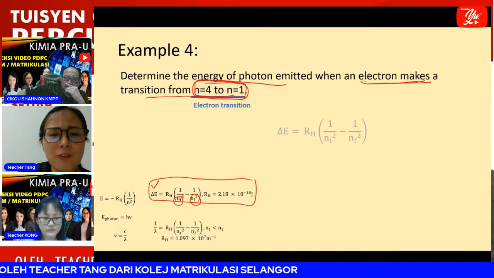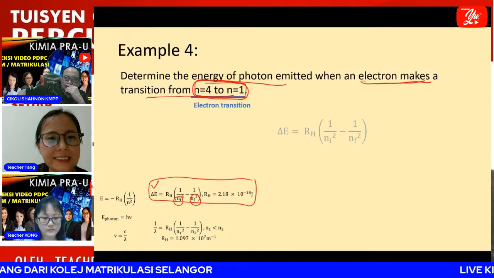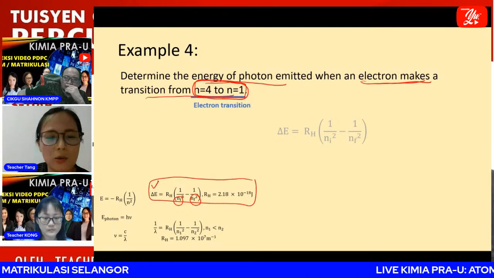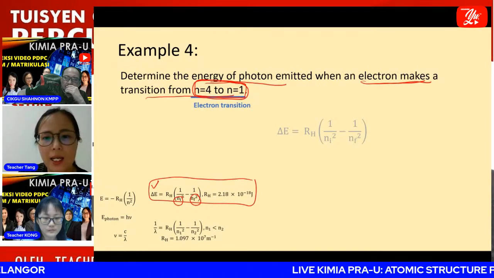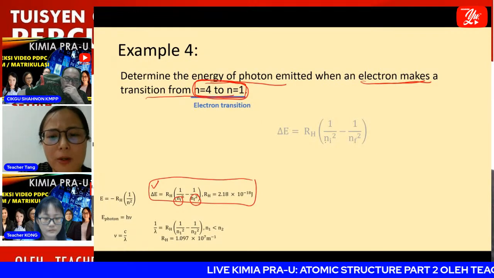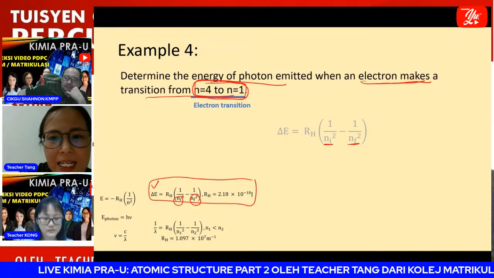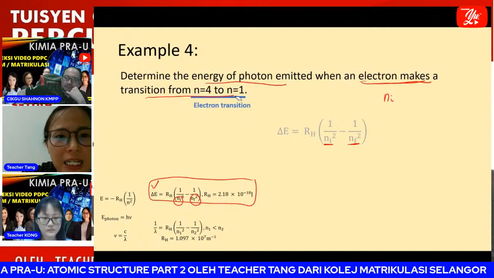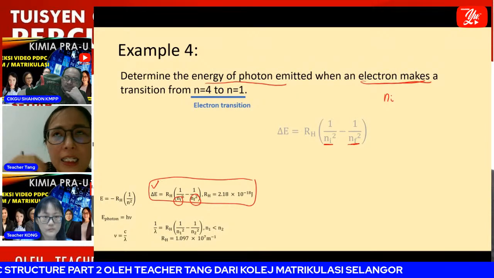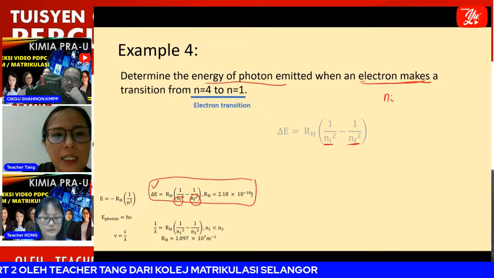For this formula, it is different from the Rydberg equation for wavelength. Here it is n initial and n final. n initial refers to the initial energy level.